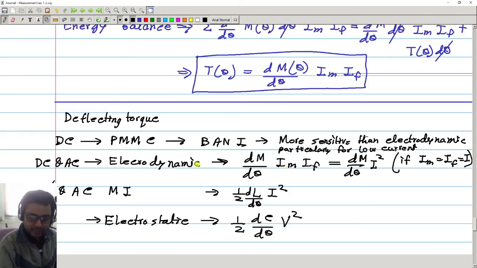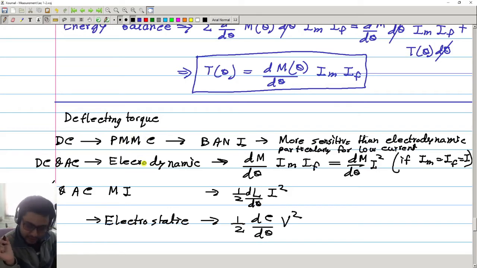So dynamic instruments are not good for measuring low currents. In fact, that is why we often make AC ammeters using a rectifier and a PMMC instrument. Rectifier means convert AC to DC and then measure using a PMMC instrument. So this is definitely more sensitive than electrodynamic.